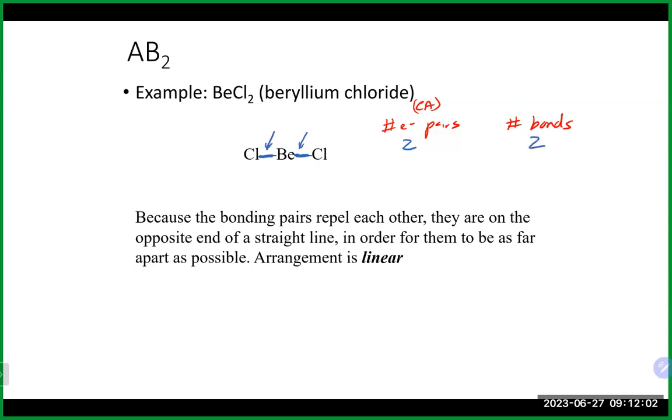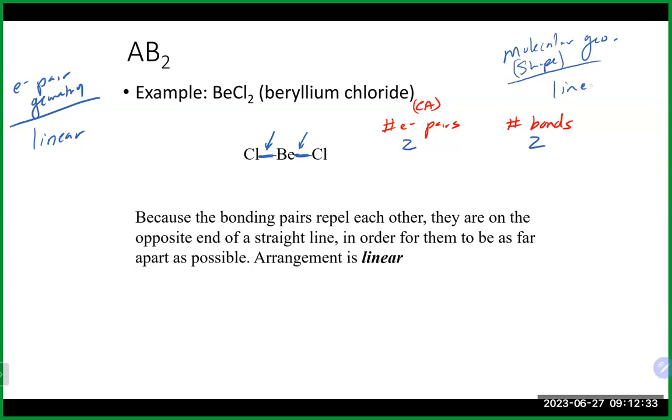Now, starting with our first name, which is our electron pair geometry name: something with 2 electron pairs is a geometry known as linear. Something with 2 electron pairs and 2 bonds has a molecular geometry, or shape, that is also going to be linear.